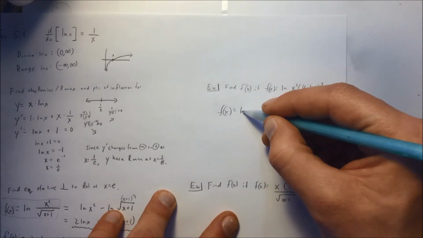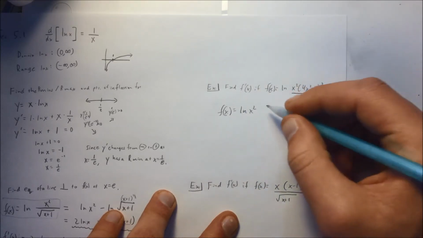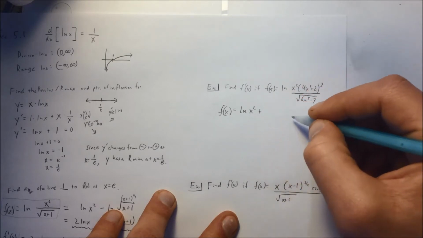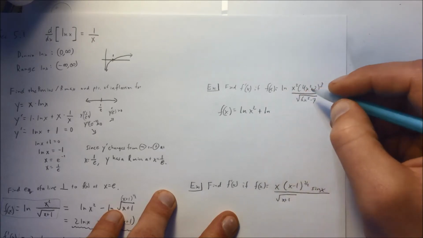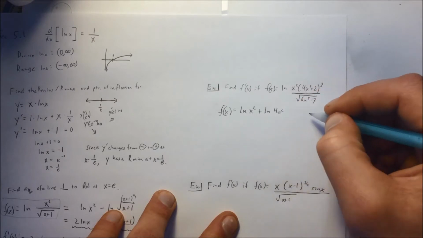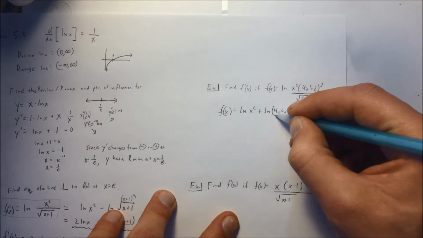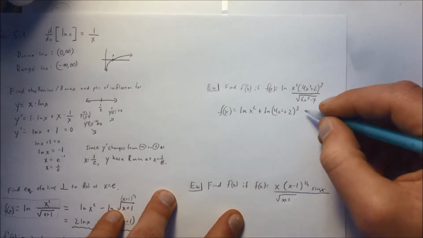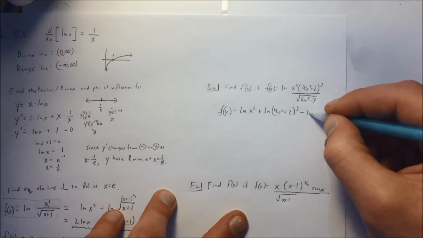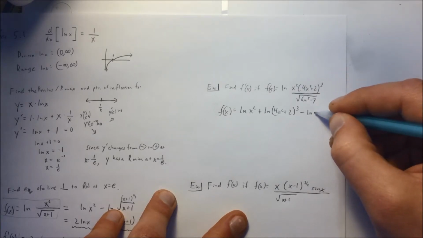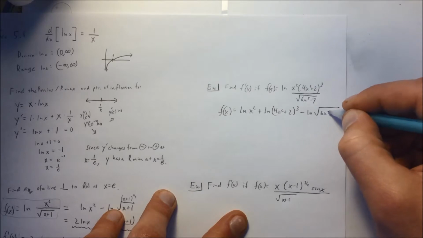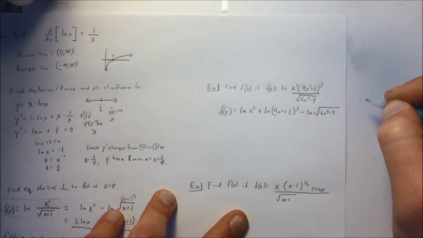So we're going to get the natural log of x squared plus, because it's multiplied, the natural log of 4x squared plus 2 cubed minus the natural log of 6x to the fifth minus 7.